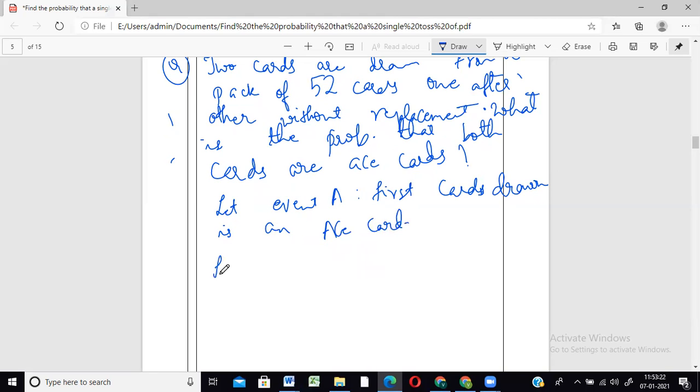Let B be the event that the second card drawn is an ace card. First card drawn is an ace, second card drawn is an ace. That will be your second event. I'm just naming the cards picked as separate events. What is that probability?